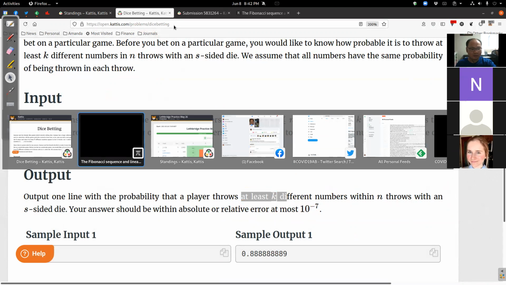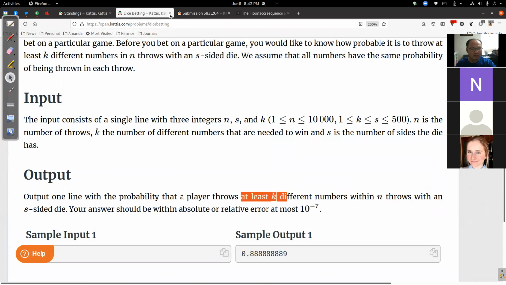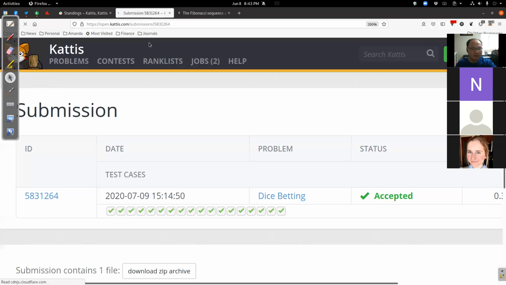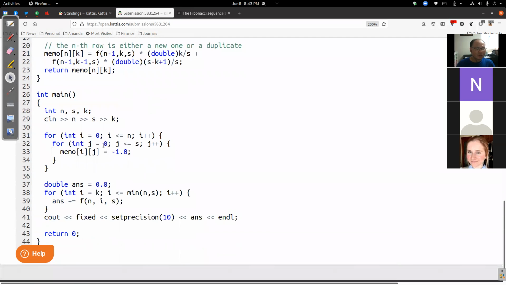Okay, here we are. So I have basically this function f, which is computing the probability of n throws with k different sides, and s doesn't change.